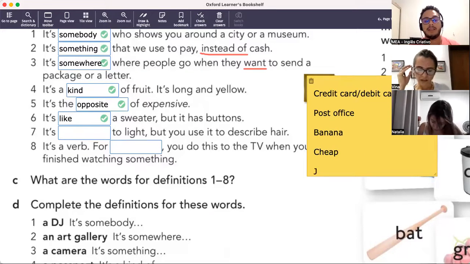It starts with J. Jeans. No. Não. Aquele casaco é... Jacket.